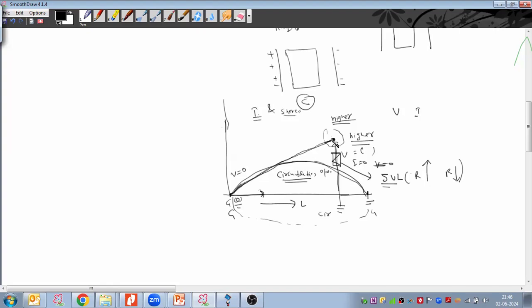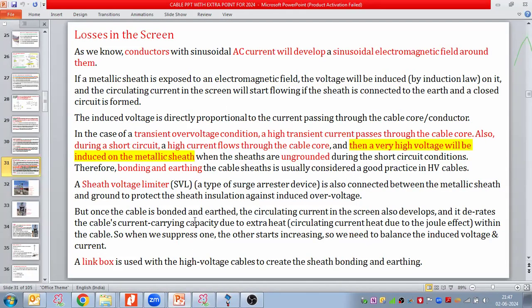At that point, in order to protect the sheath and the insulation of the cable, the SVL comes in, and when the voltage induced is higher, it will provide a low resistance path, and this part would be grounded. So temporary circulating current starts flowing, but it is protecting the cable insulation against damage. Am I clear why we need to take the sheath voltage limiter?